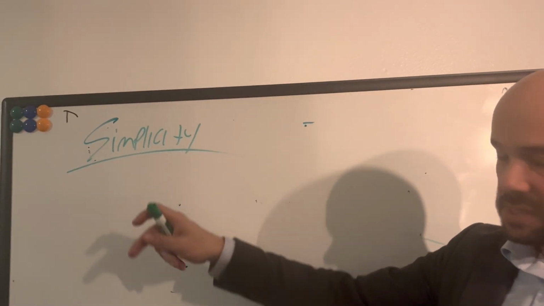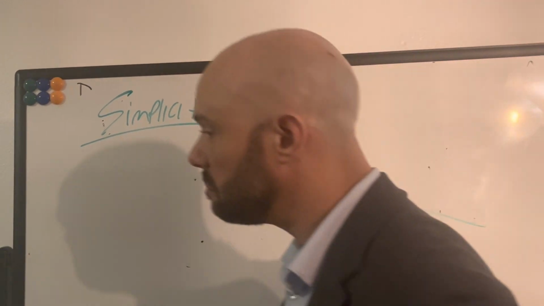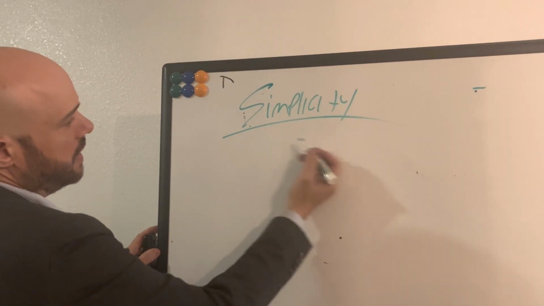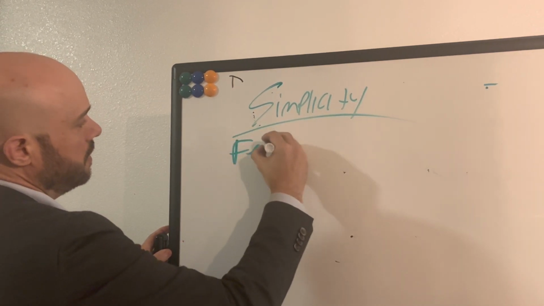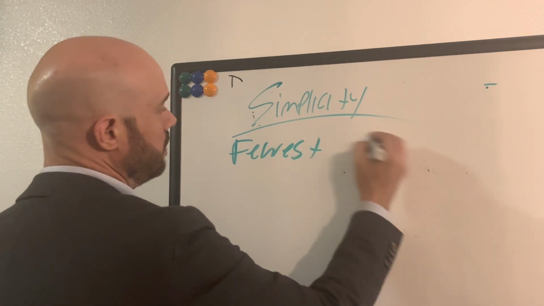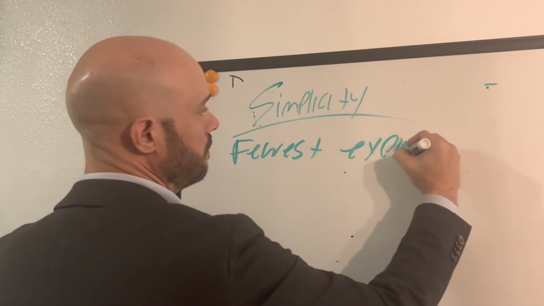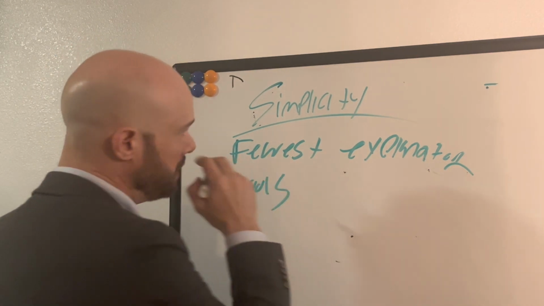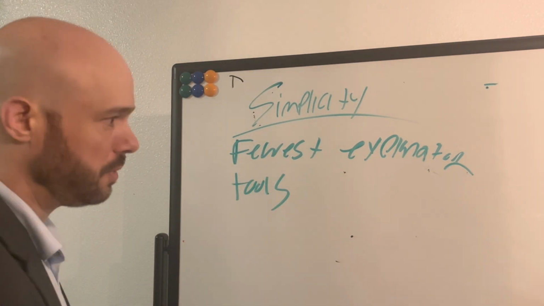But anyway, simplicity is what we're going to look at. So here, what simplicity says is that the best explanation has the fewest explanatory tools.